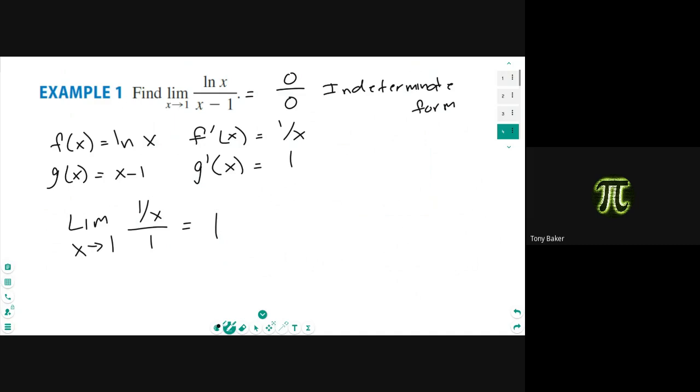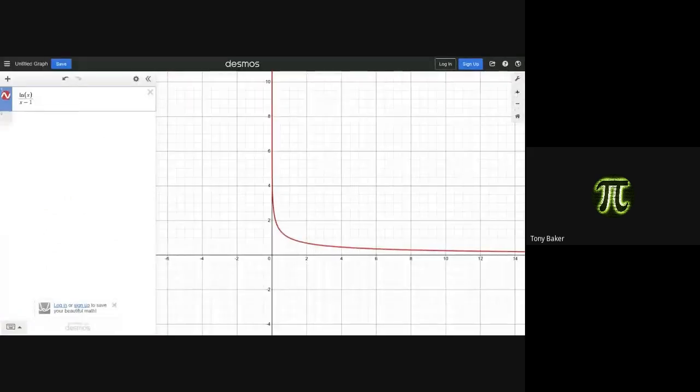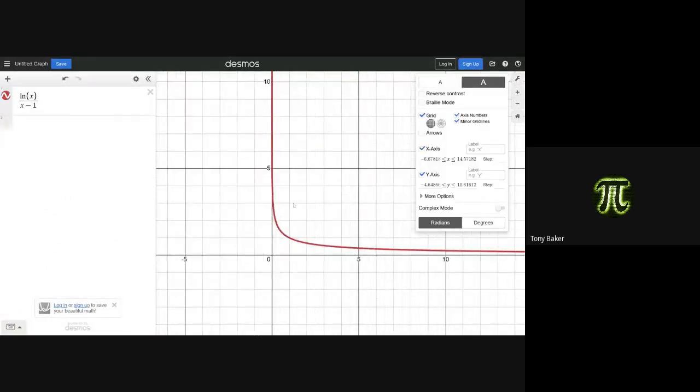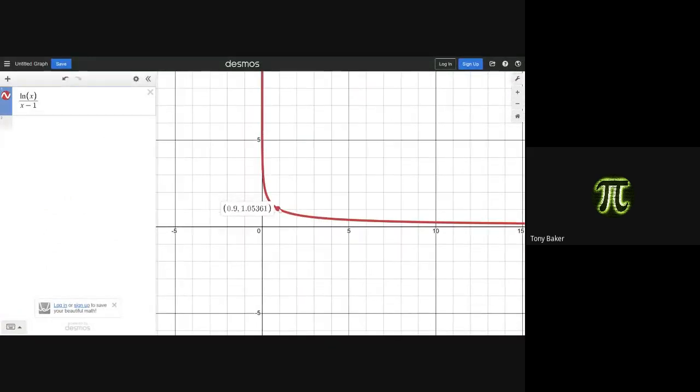And if we look here, this is the graph of that problem. And if you go to 1, it's undefined. But if you notice the limit, as it's getting closer and closer, it's basically going to 1. So L'Hopital's rule allowed me to fill in that hole and understand what's going on at that point.